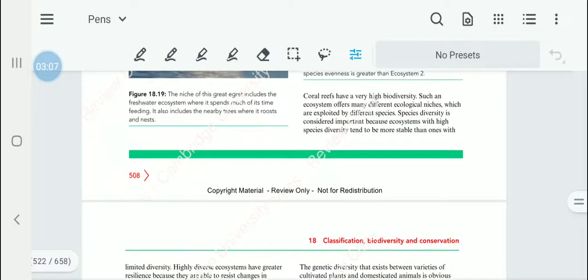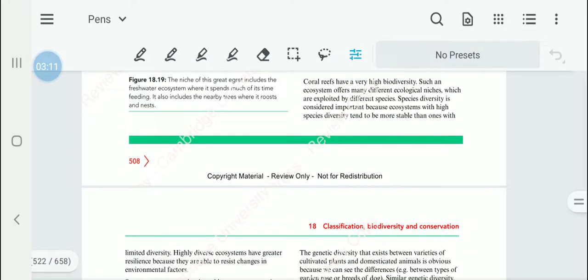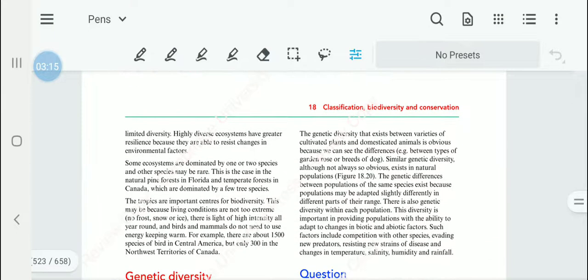When there is a high species diversity, that ecosystem is said to be more stable than the limited diversity ecosystem, because highly diverse ecosystems have better resilience.